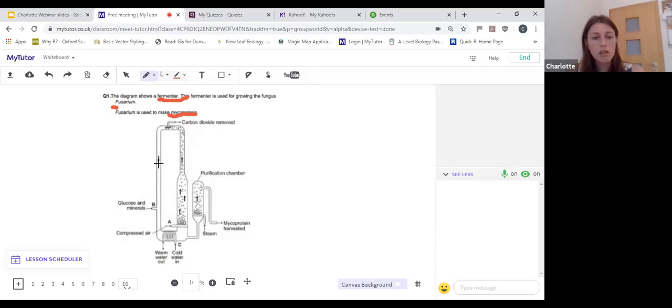And it goes back down, glucose and minerals are removed here at B. At C, we've got cold water going in and warm water going out. And then in a purified chamber, you've got steam coming off and then the mycoprotein harvested. Lots of different parts here.